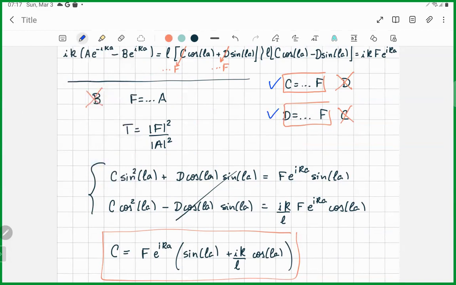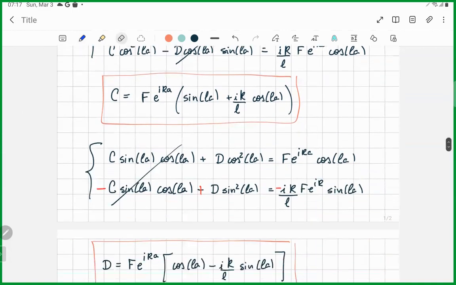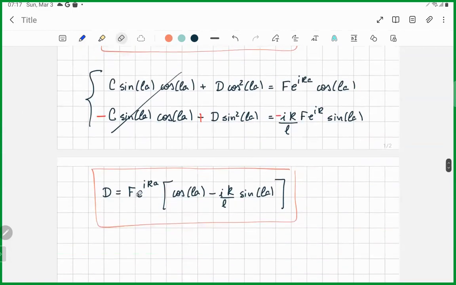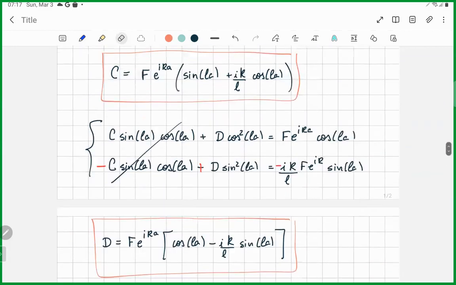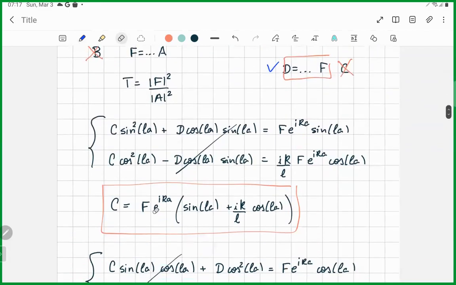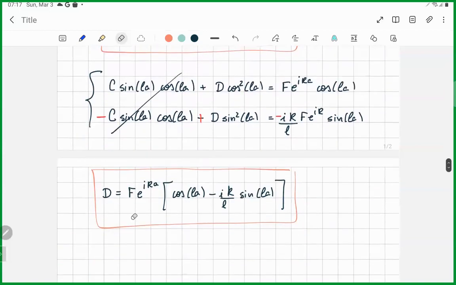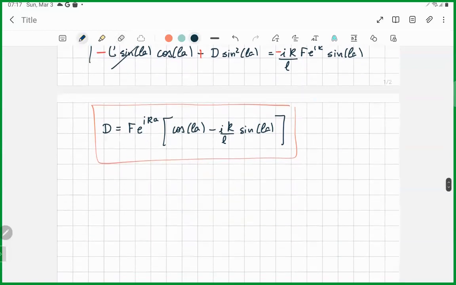Now, we have C written only in terms of F, D written only in terms of F. Now we are going to come back to these equations here, and wherever there is C, we are going to use this. Wherever there is D, we are going to use this. All right, so let's go. Very patient. Let's start.